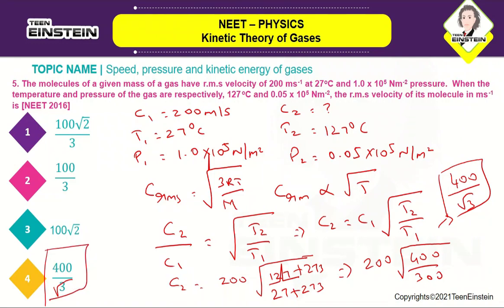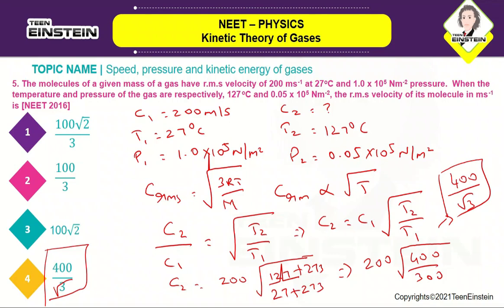So it is a very simple problem. You are going to make use of the equation CRMS equal to root of 3RT by M, or CRMS is directly proportional to root T. Here they have given two conditions. In the first condition the temperature is 27 degrees Celsius, and in the second condition it is 127 degrees Celsius.